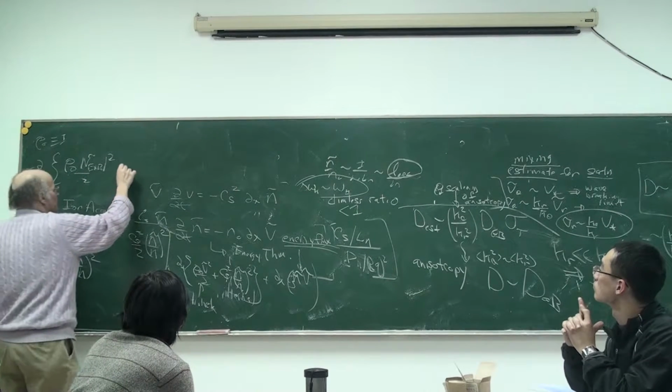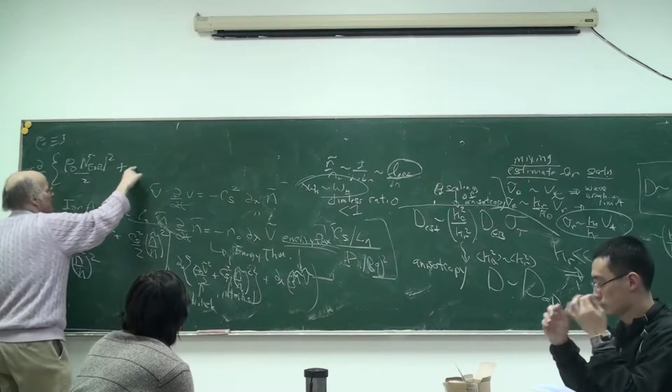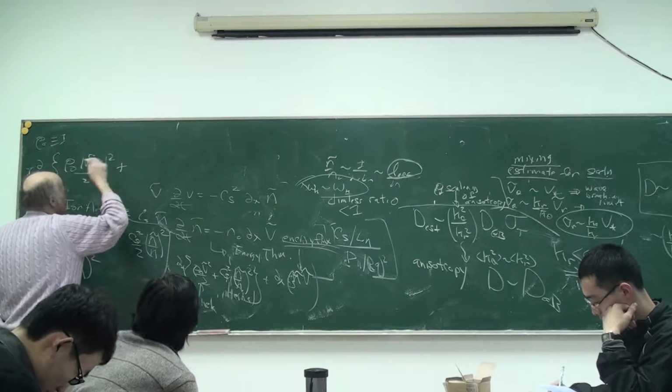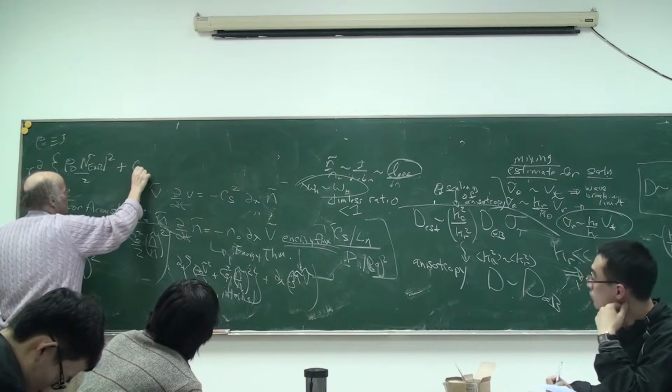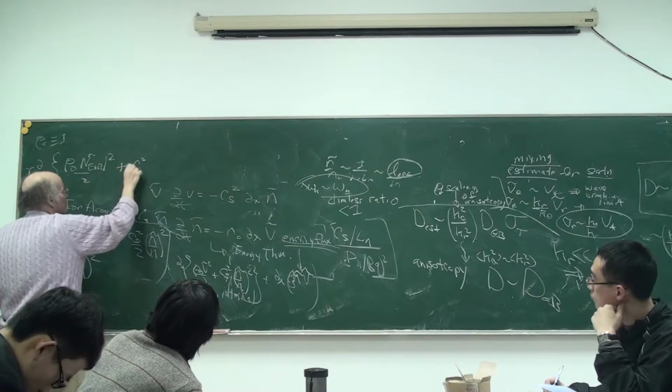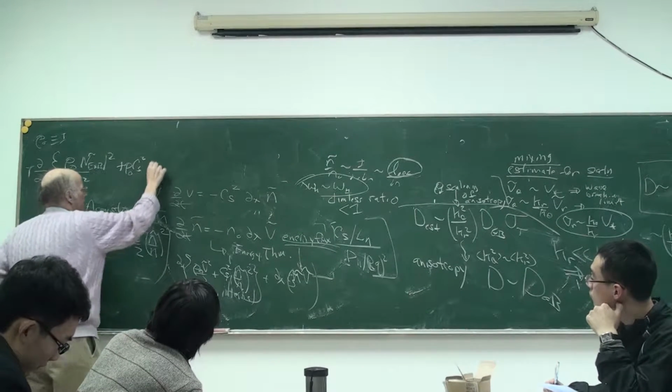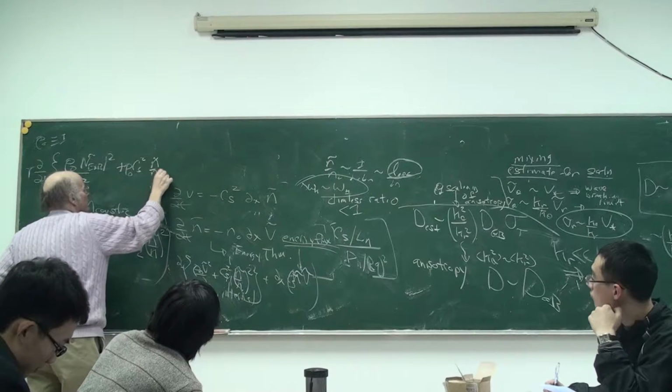And then my fluctuating internal energy would be the other term, c sub s squared times rho naught, which would be T e times n tilde over n naught squared.